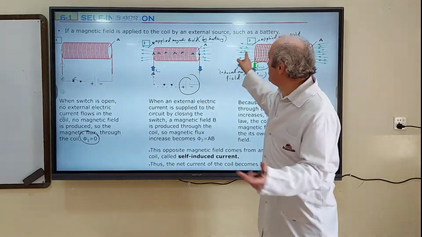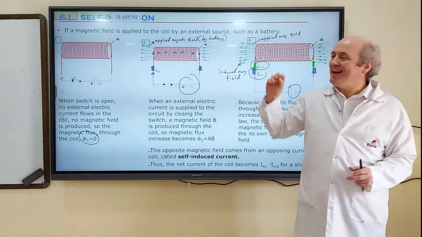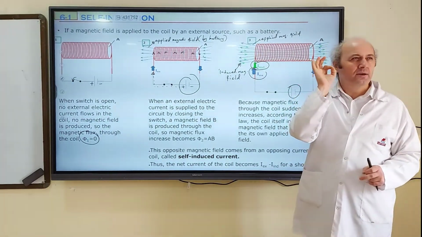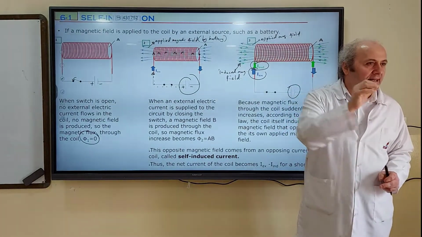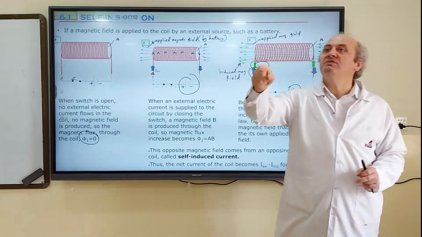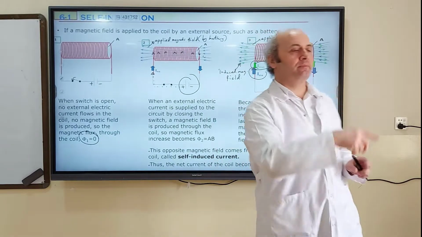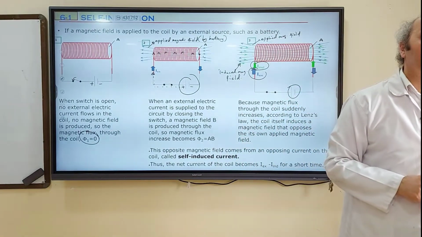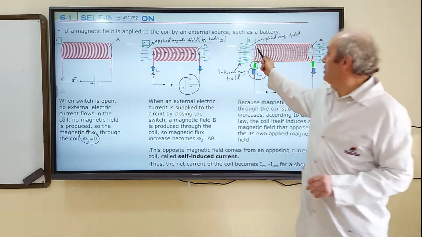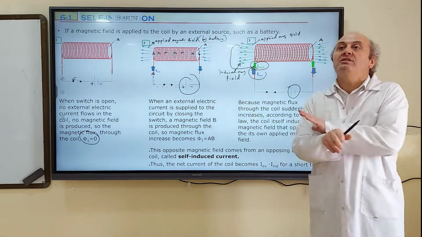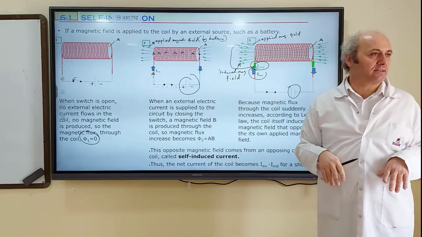So in this case, this green magnetic field disappears. This green magnetic field, the self-induced magnetic field, appears only for some milliseconds while we are switching on the circuit, then disappears. Teacher, will the induced electric current also disappear? Yes, both this green magnetic field and green current disappear in some milliseconds.